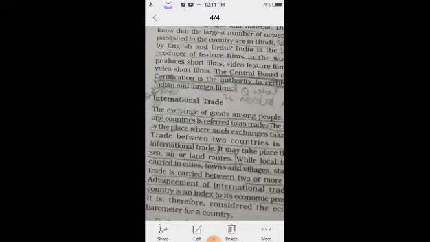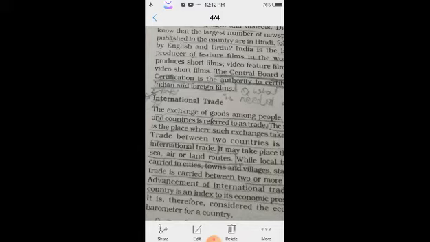While local trade is carried in the cities, towns and villages. State level trade is carried between two or more states.